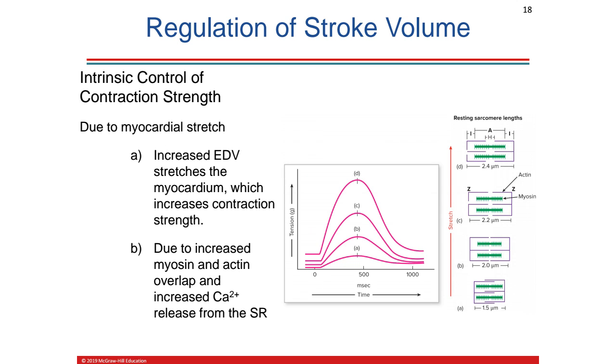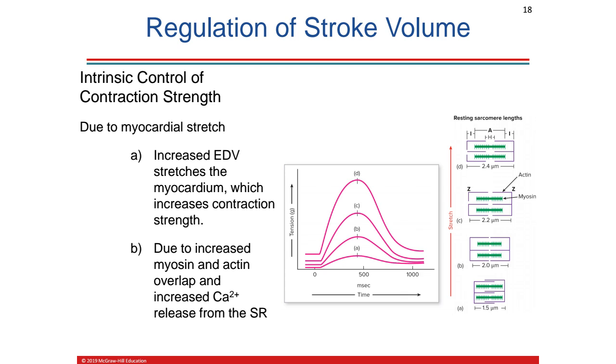It turns out that there are two mechanistic explanations for this intrinsic control of contraction strength. The first has to do with myocardial stretch. So as you put blood into the ventricles, they stretch. This stretches the actual muscle cells, the cardiomyocytes, and so the idea is that as they get stretched more, they exhibit stronger contractility.